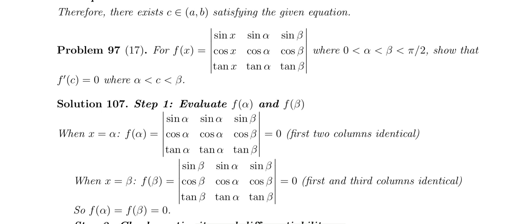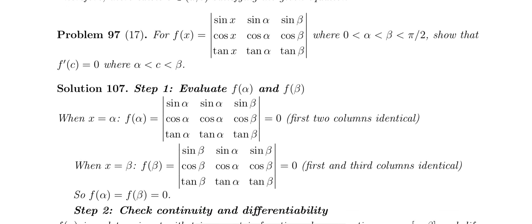f of x is the determinant with sin x, sin alpha, sin beta in the first row; cos x, cos alpha, cos beta in the second; tan x, tan alpha, tan beta in the third.